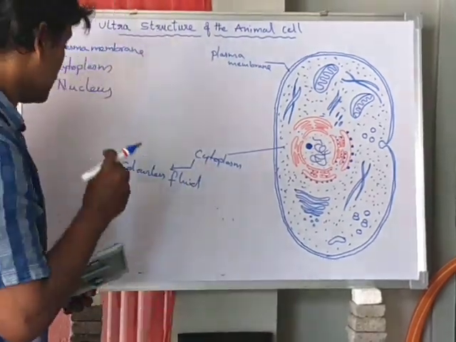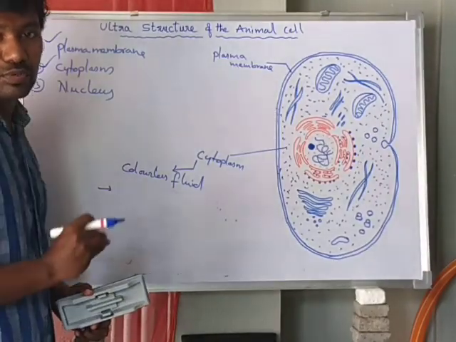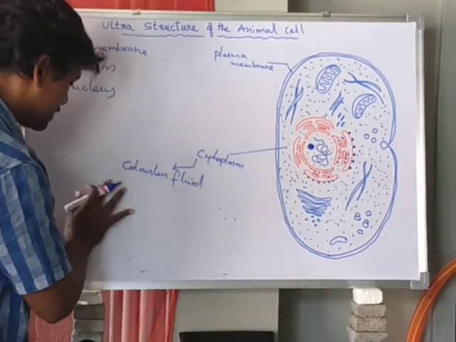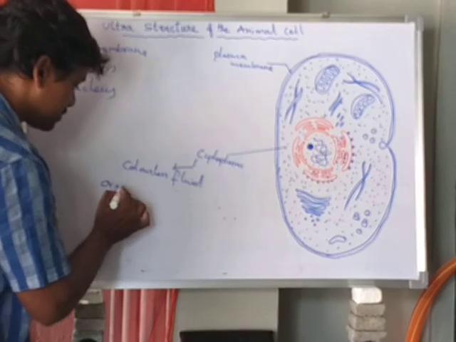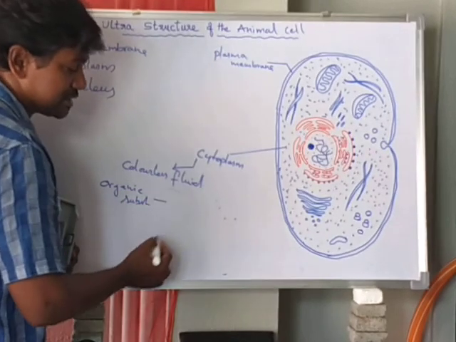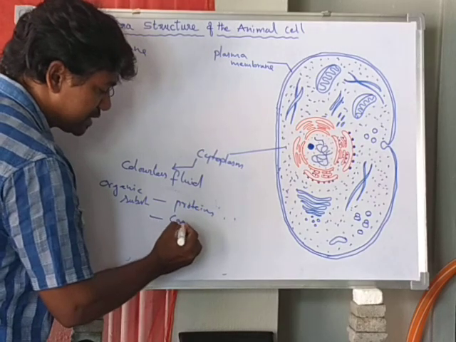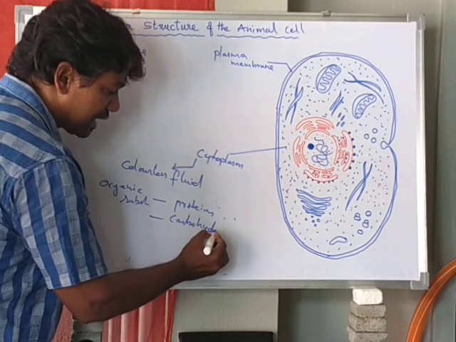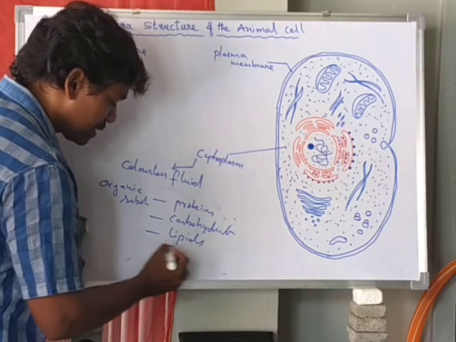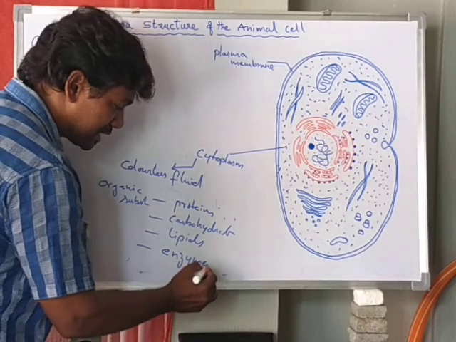The cytoplasm contains organic substances, that is proteins, carbohydrates, lipids, and many enzymes.